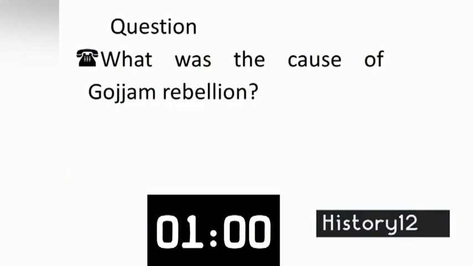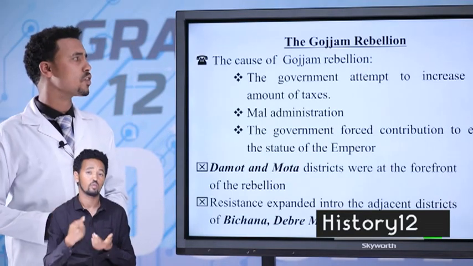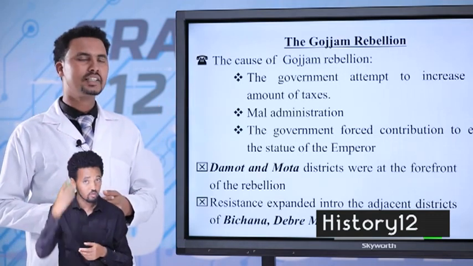Second, the Gojam rebellion. The main cause for the rise of the Gojam rebellion was that the government attempted to increase the amount of tax.